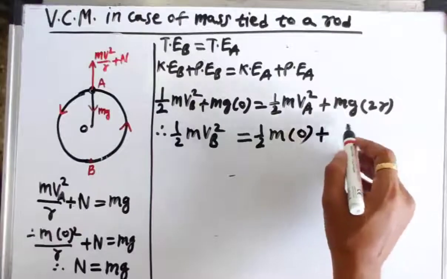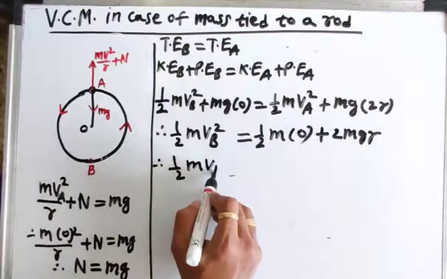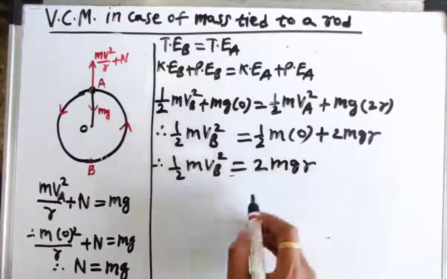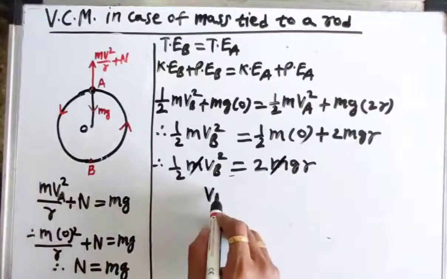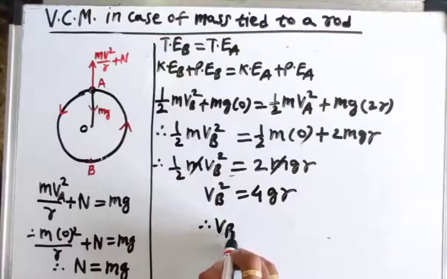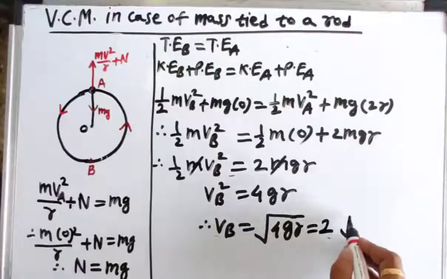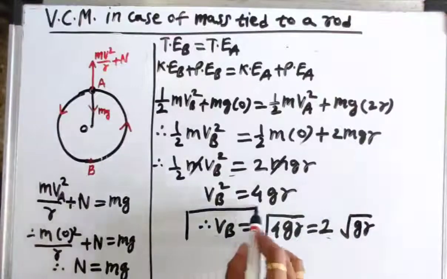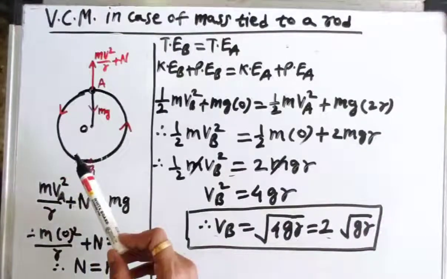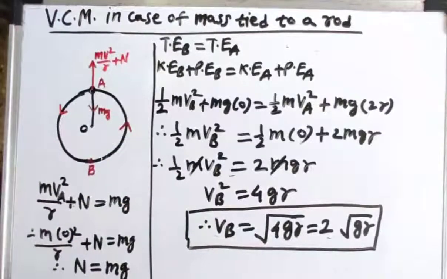So half m vB square is equal to 2mgr. The m cancels with m, so we get vB square is equal to 4gr. Therefore vB is equal to under root 4gr, which we can write as 2 root gr. This equation gives us the minimum velocity of a particle attached to a rod at the lowest position and performing vertical circular motion.